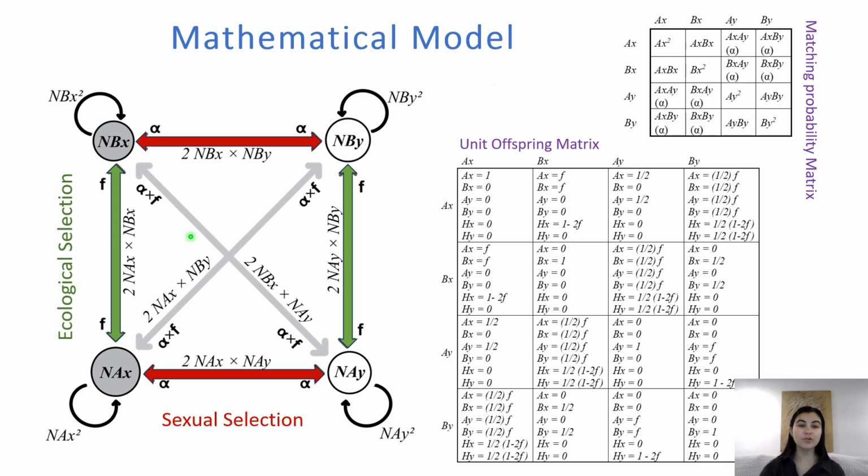The interactions shown by the diagonal lines are more complex because the offspring will be distributed equally due to the differences in ecological and mating bias alleles, and will have less of an impact on population size. With this being said, the main forces driving reproductive isolation are ecological selection and sexual selection, shown primarily by these green and red arrows.